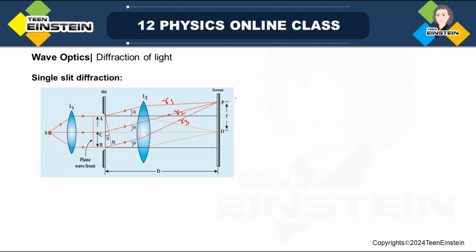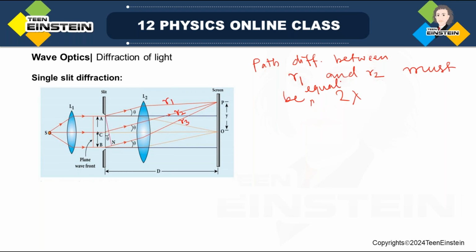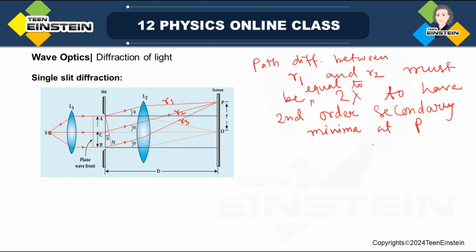In this case, the path difference between R1 and R2 must be equal to 2 lambda to have the second order secondary minima at P. You know that the path difference is a sin theta alone. So a sin theta will be 2 lambda.